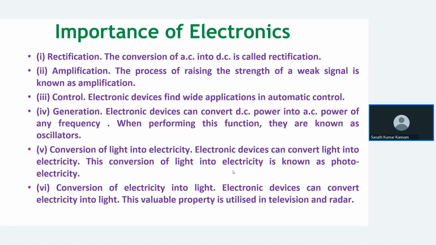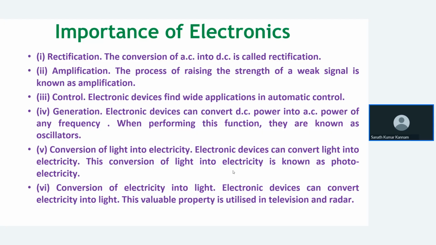It converts AC to pulsating DC, and you give it to filters. They remove the ripples, and whatever voltage you want, you can give it to the regulator. Suppose you want 5 volts DC, you give it to the regulator and you will get a 5 volts DC supply.